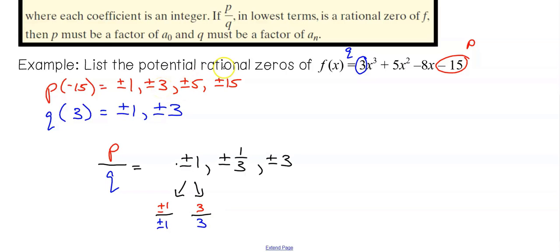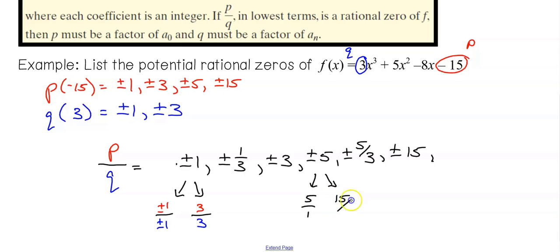And then the next one would be 5 divided by 1, so that would be plus or minus 5. 5 divided by 3 would be plus or minus 5/3. 15 divided by 1 would be plus or minus 15. And the last one, 15 divided by 3 is 5, which is listed up here because we did 5 divided by 1, and we also did 15 divided by 3, and both of them give us 5, so we only need to list it one time.